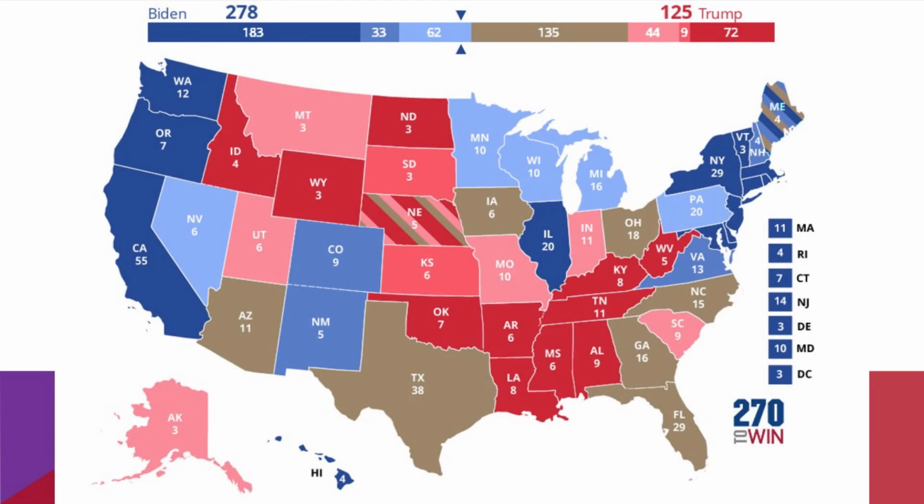We can even look at the projections for 2020 and see that, yes, California, Washington, New York continue to be major sources of votes for Democratic candidates. But basically everything else in the center of the map is up for grabs.